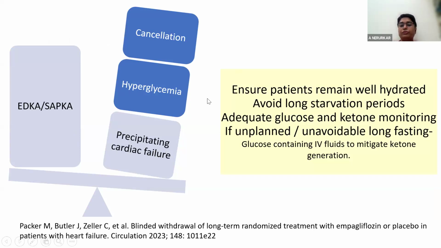So then what do we need to do? We ensure that the patients do not have long starvation periods. They remain well hydrated. Adequate glucose and ketone monitoring is done during this long starvation period if they are unplanned or there is unavoidable long fasting. And we do need to give glucose containing IV fluids to mitigate the ketone generation.